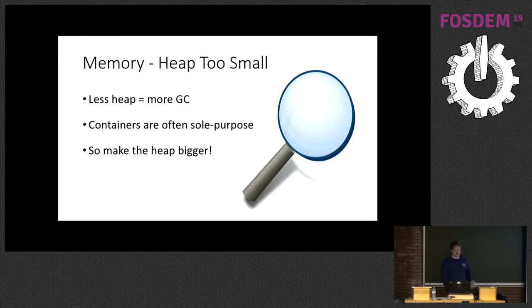Containers don't have that problem so much. There's nothing sharing your container other than that which you put in there. So you know that there's less competition, so you can be less timid in setting the sizes of your heap. So if you know that Java's the only thing running inside your container, you can quite confidently make the heap much bigger than you would on a computer with equivalent resource constraints.